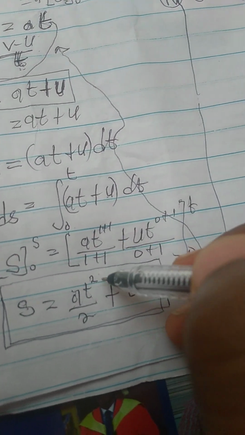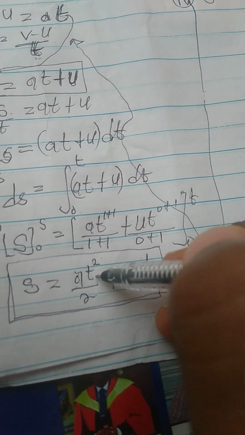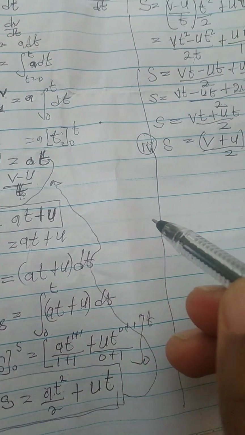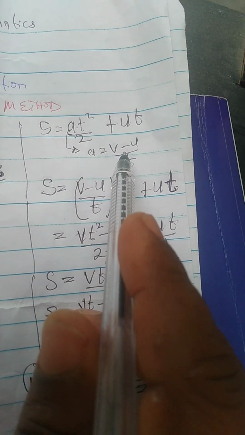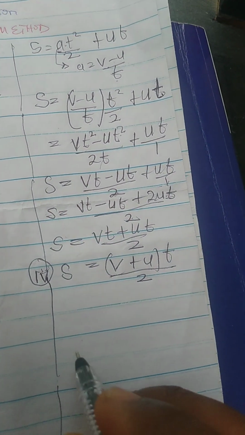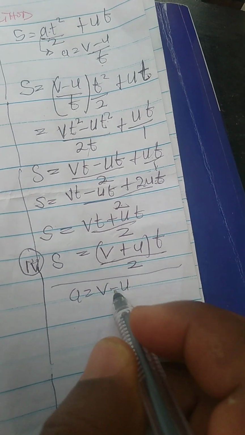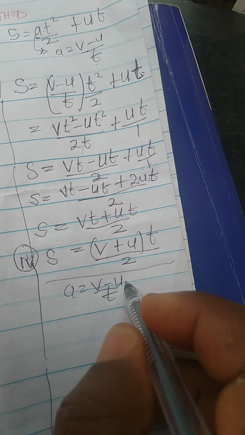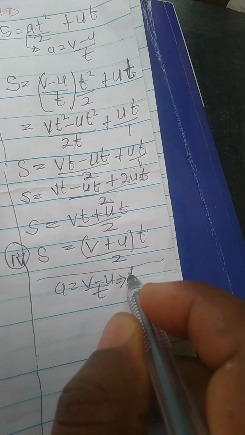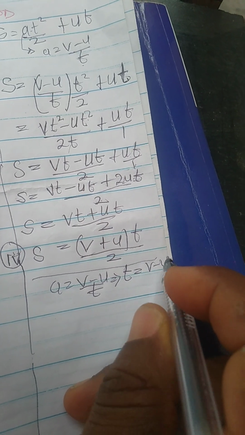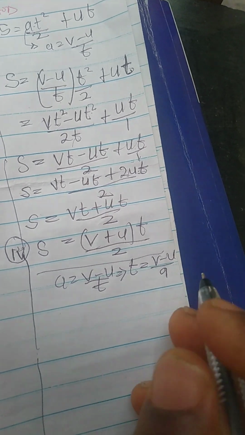Now, having eliminated a, we want to derive another equation by eliminating this t, using a is equal to v minus u divided by t. So from a is equal to v minus u divided by t, we want to make t the subject of the formula. It implies that our t will now become v minus u divided by a.